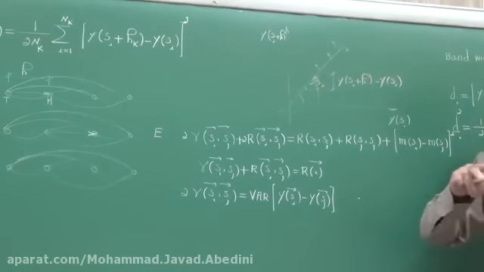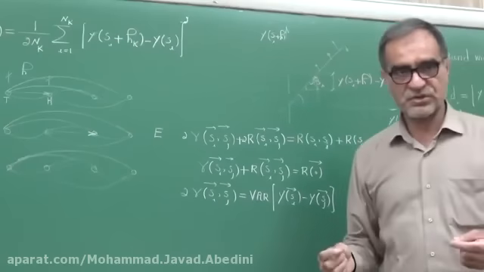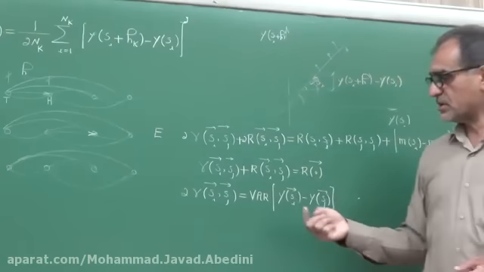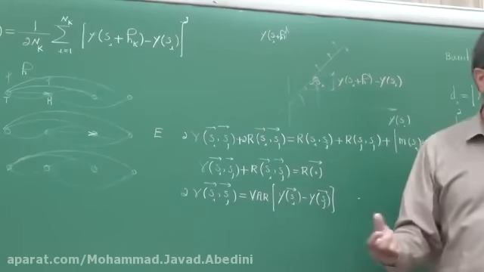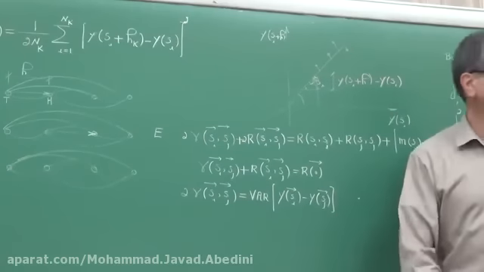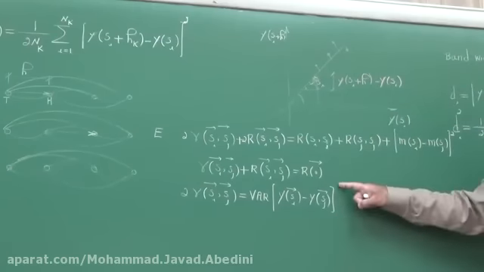If you open any textbook written on geostatistics, sooner or later you will notice that they define 2 times variogram to be variance of the first increment. There is no 2 here.